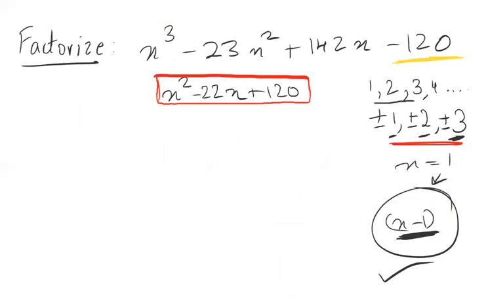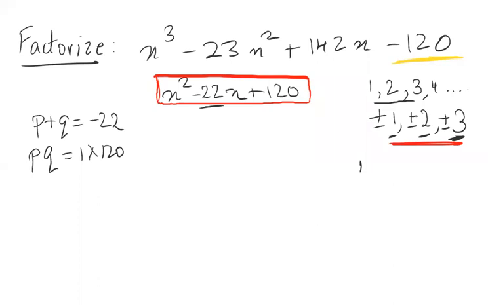All right. What do we have to do? We have to split the middle term. So p plus q is equal to minus 22, and p into q is 1 into 120, which is 120 itself. So what will be p and q? We look at the factors of 120. You have 1, 2, 3, 4, you have 12.